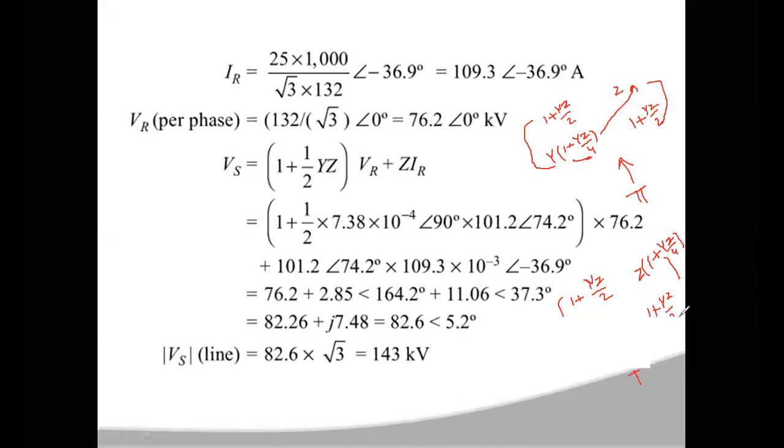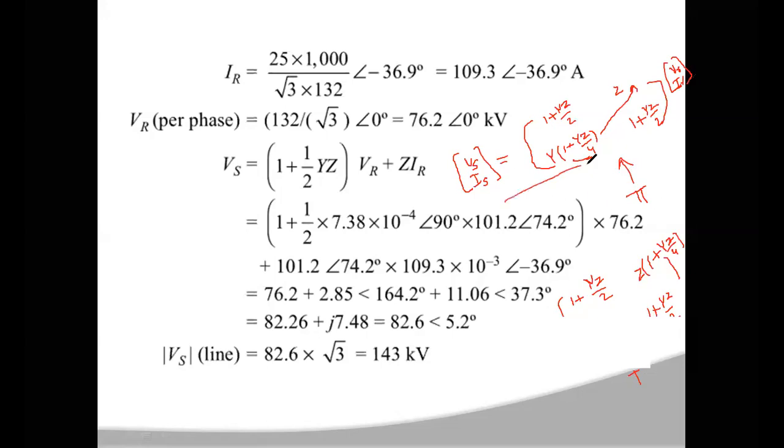If you represent all this in matrix form, here you will have the Vs and Is vector, and on this side you will have VR and IR. You have to remember these. This is for nominal pi, and this is for nominal T method.